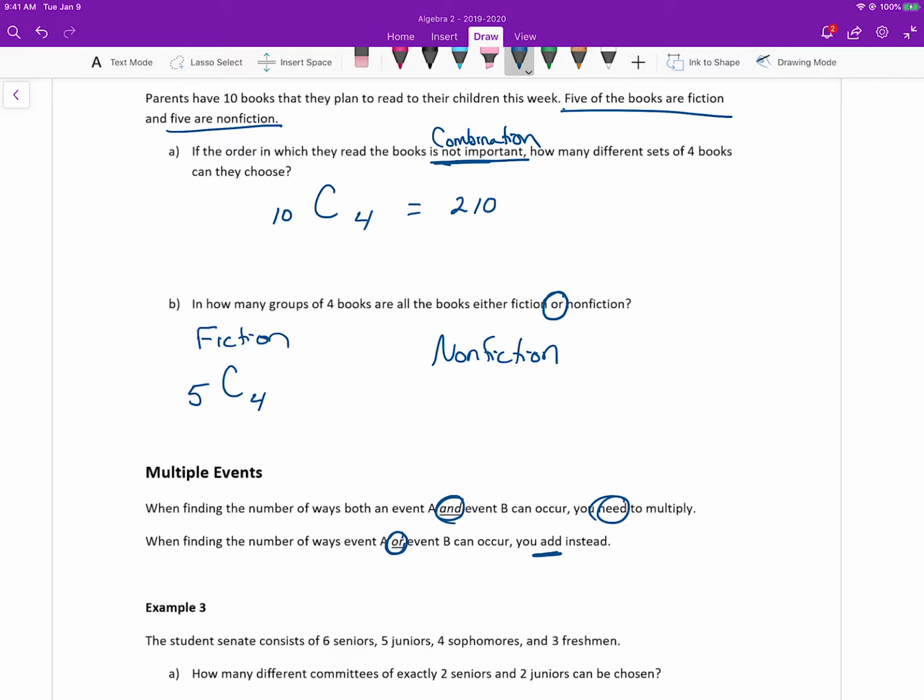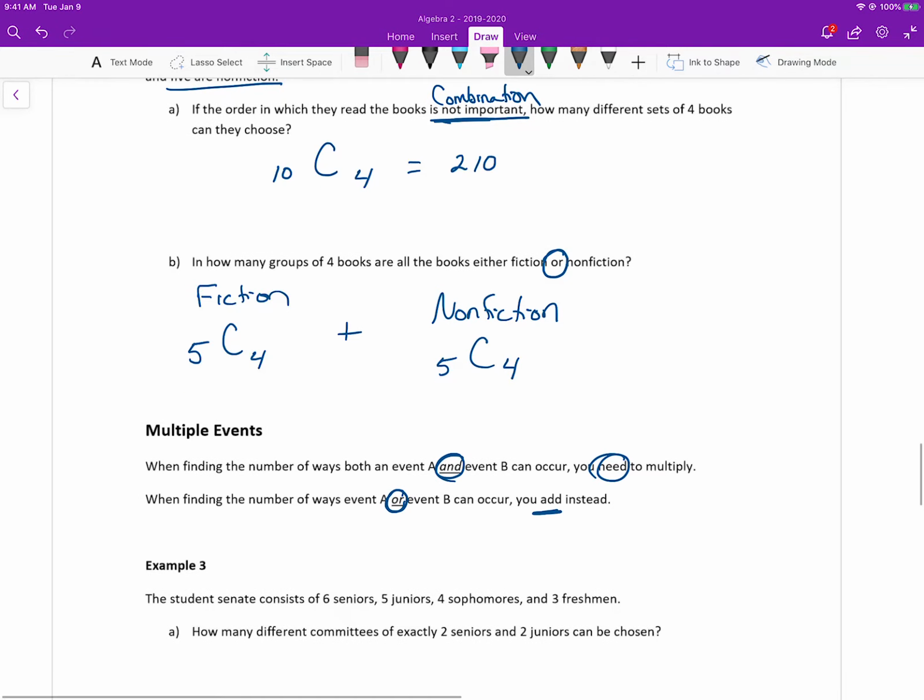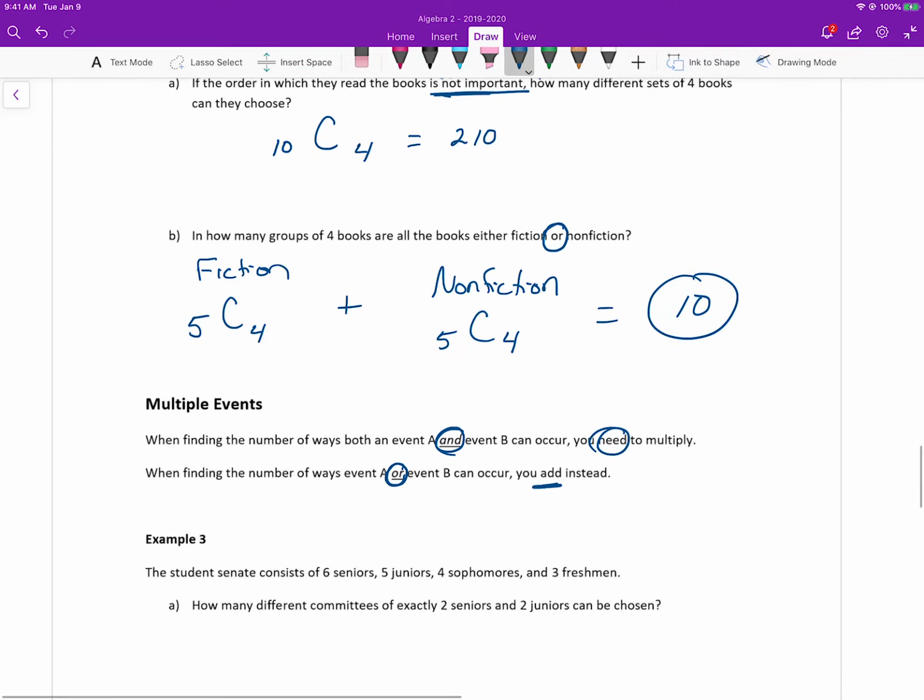So all 4 of them would be fiction, and we had 5 total to choose from. And if it was an or, we would have to add the same situation for nonfiction. You could do them separately and have 5 plus 5, or you could do it all in one line on your calculator, and the answer would be 10 possible combinations.